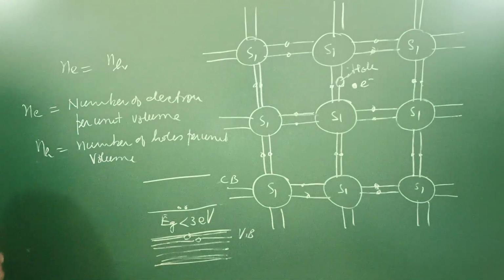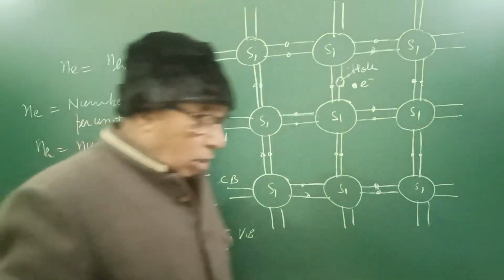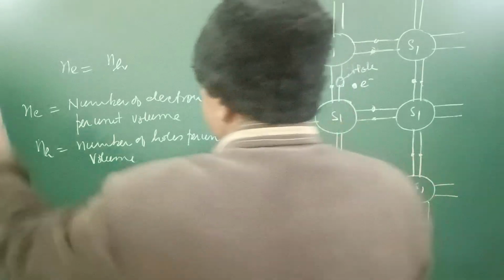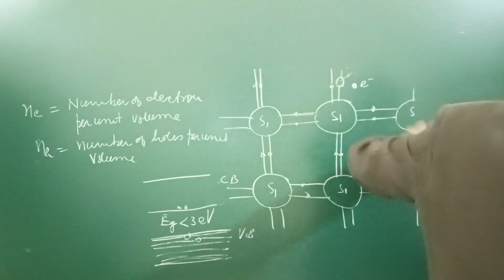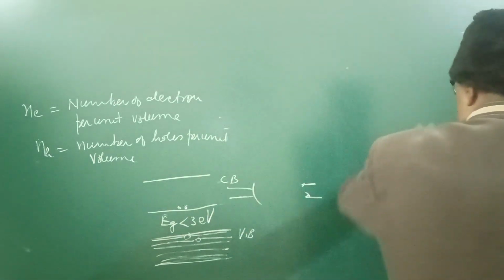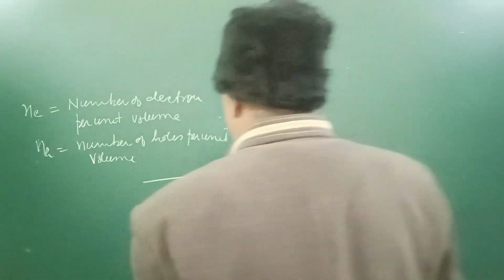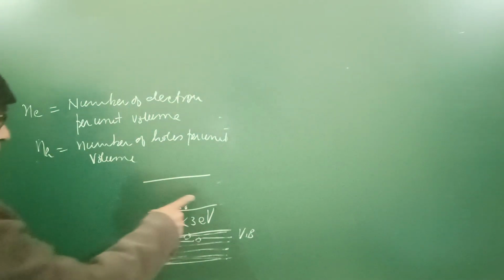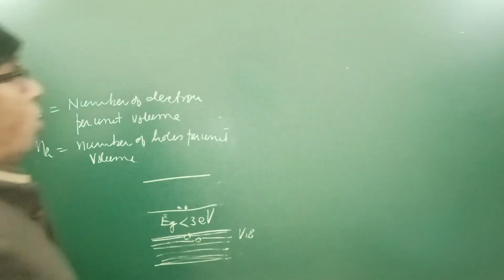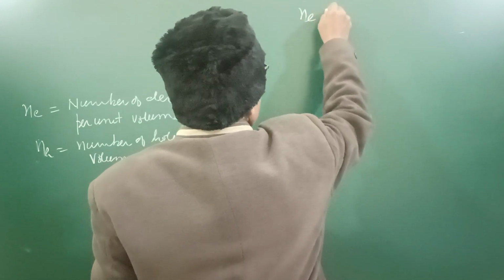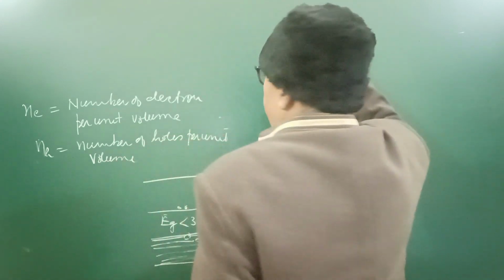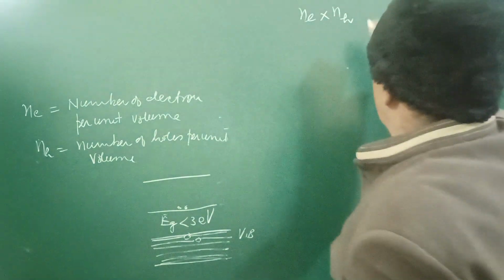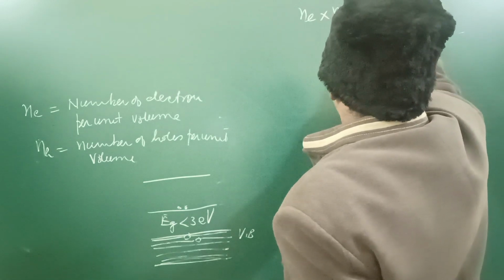And further it can be proved here, the number of charge carriers per unit volume of an intrinsic semiconductor is called Ni. So here the holes in the valence band and electrons in the conduction band increase on increasing temperature. And it can be proved here that Ne into NH, remember, Ne is the number of electrons per unit volume and NH the number of holes per unit volume, is equal to Ni square.